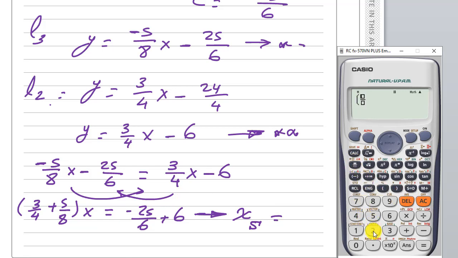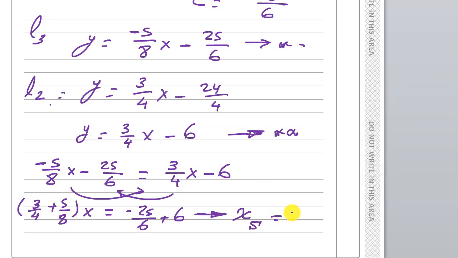Minus 25 divided by 6 plus 6, close the bracket, divided by 3 over 4 plus 5 divided by 8. So the x coordinate is 4 over 3. The x coordinate is 4 over 3. And to find the y, yS, go to any of these equations.